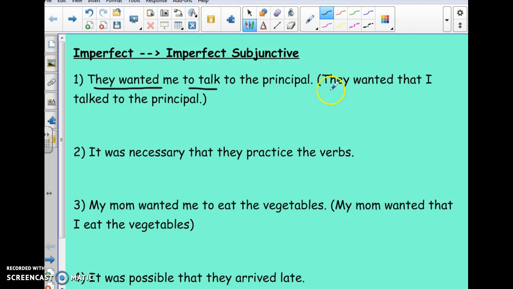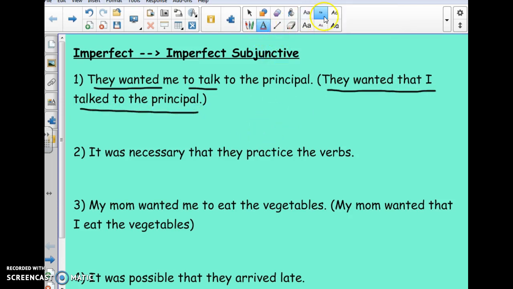So instead, I know this is going to sound funny, but you're going to change it to say they wanted that I talked to the principal. So what's that going to look like? You're going to start with just the regular imperfect. So you're looking at querer and they in the imperfect. So that says they wanted that.